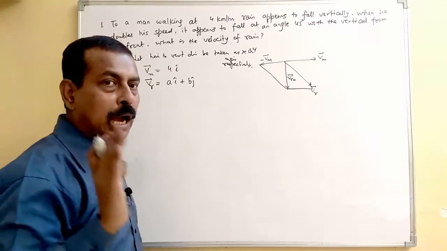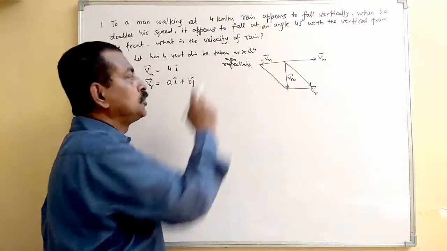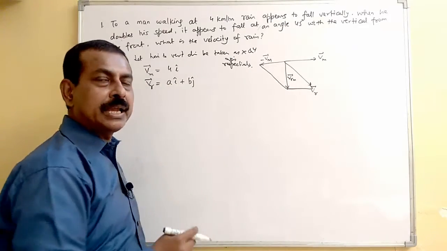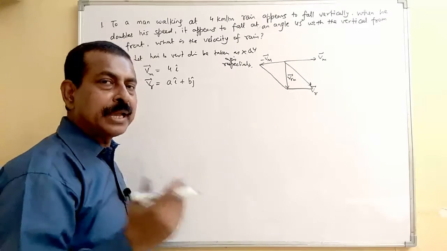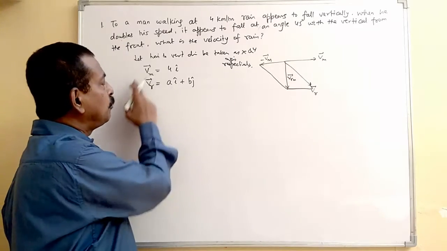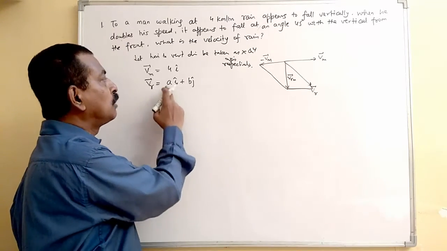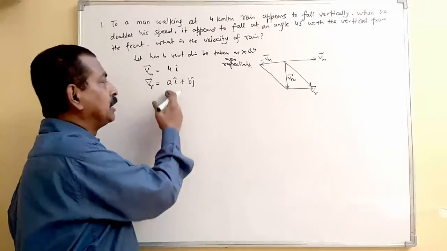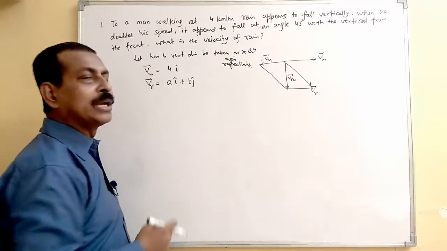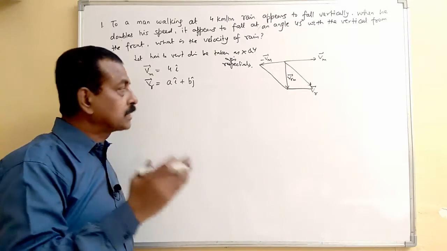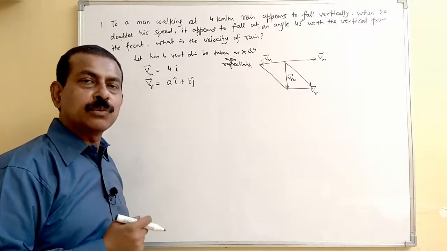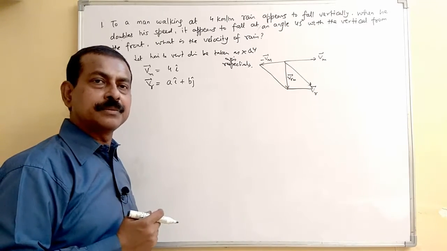Remember, our aim is to get the velocity of rain. And if it is written as ai plus bj, if I know the values of a and b, I can directly say what the magnitude is, which is the square root of a square plus b square. What is its direction? So tan theta will be your y component by x component, that is b by a. So from that we can find out what angle it is striking.